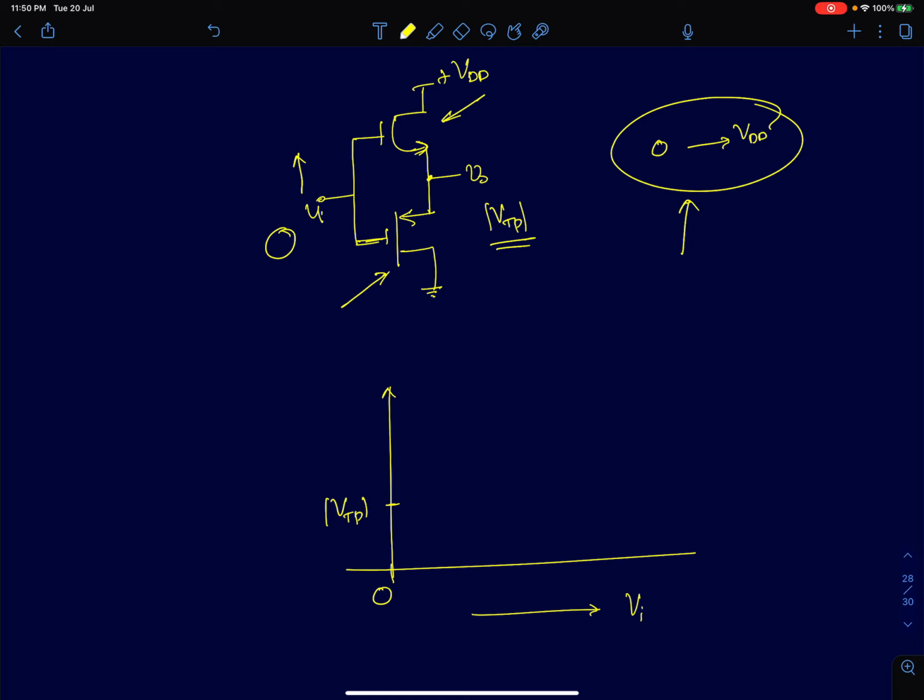So as I keep increasing the input voltage, the output stays at mod VTP. For the output to increase, the only charging path in the circuit is through this NMOS. So this NMOS has to conduct. Only then will you have the output increasing. If the source terminal is at mod VTP, for this NMOS to conduct, the gate should be a VT higher.